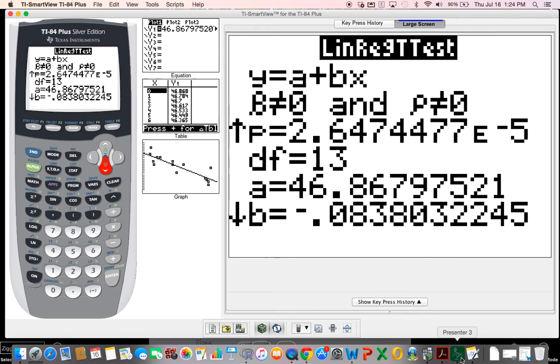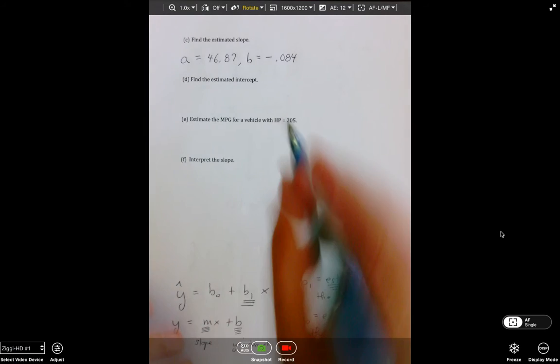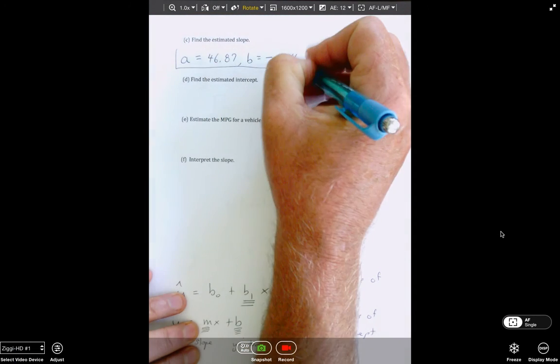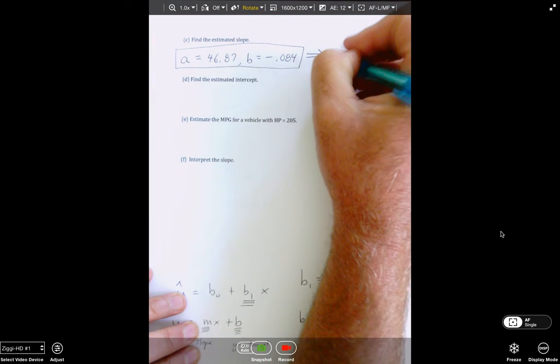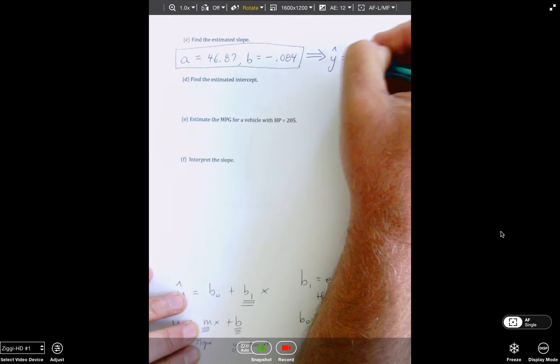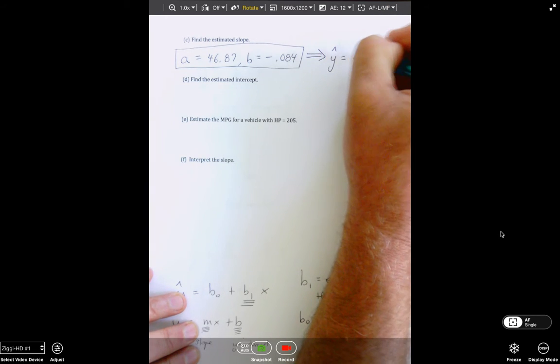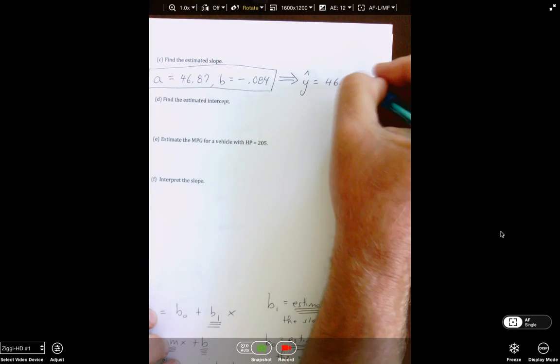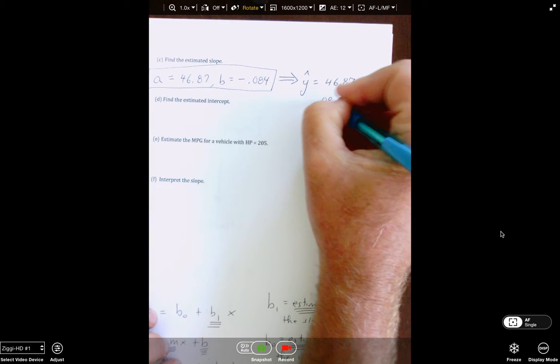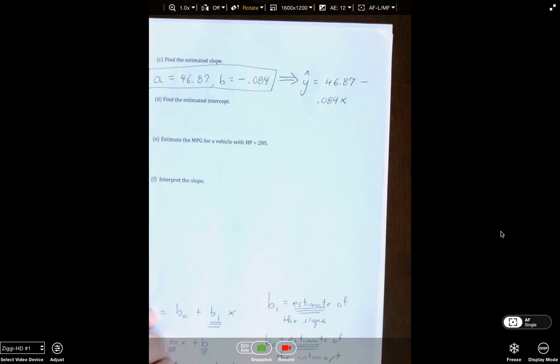So guys, going back over here, this information tells me that my model is this.